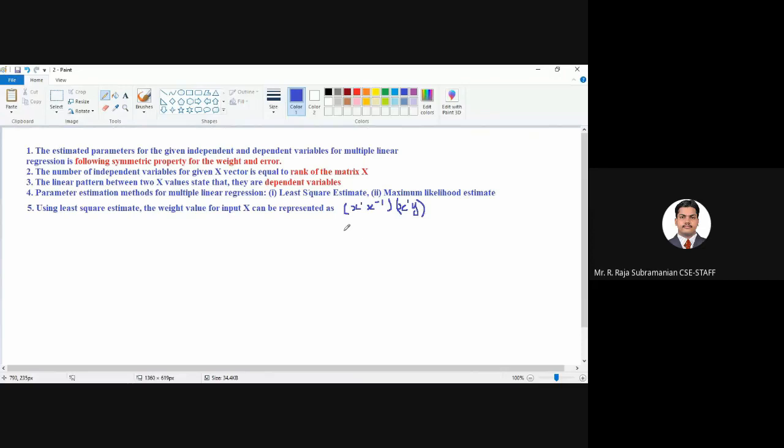There can be intuitive questions like how the pattern will look for a multiple linear regression, and remember that matrix.